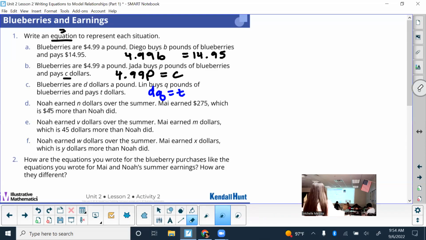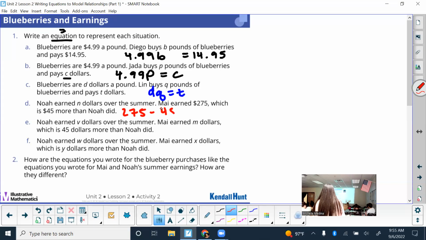Part D, Noah earned N dollars over the summer. My earned $275, which is 45 more than Noah did. What did you get, Jalen? 275 minus 45 equals M. Anyone get something different?